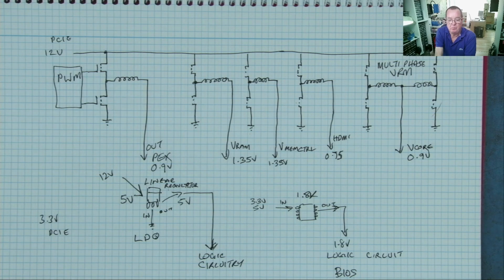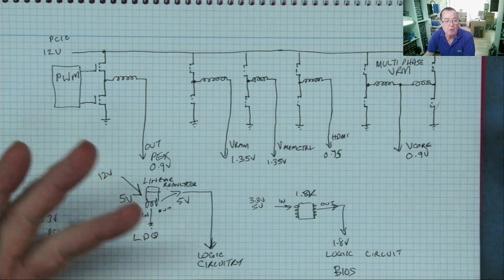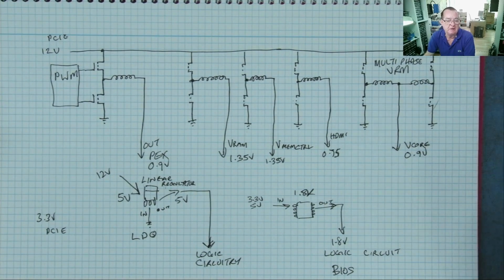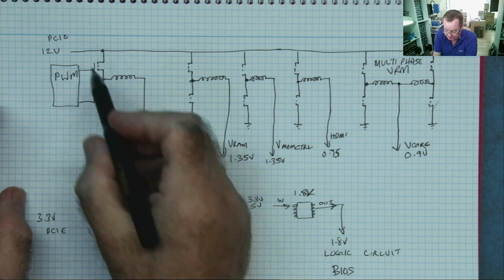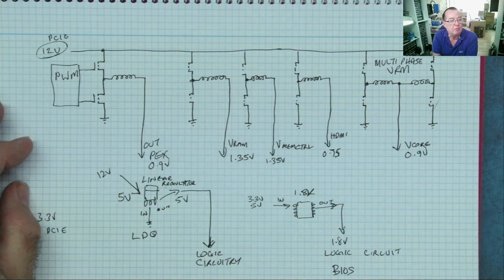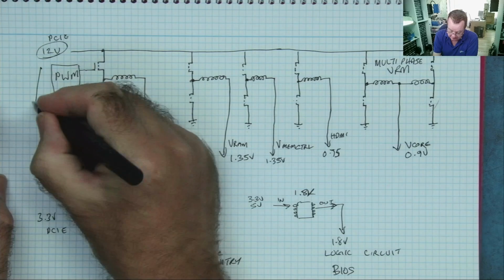Now, let's have a look at where we can find shorts and what they mean if we do. By what they mean is what is the damage that's likely to have been caused. So the worst possible scenario that you're likely to find is that you have a short from the 12 volts coming in to ground.